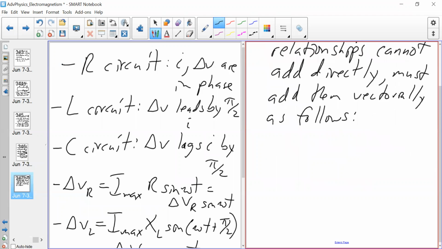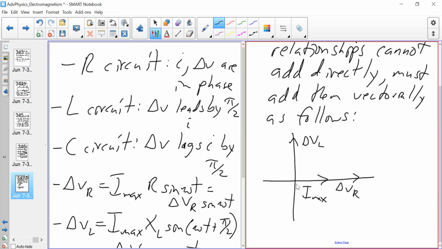So as follows, we have a combo phasor diagram, where for the resistor circuit, the current and the voltage are in phase. The voltage and current in an inductor circuit, well, the voltage leads this current by 90. So this is just a sample way of doing this.